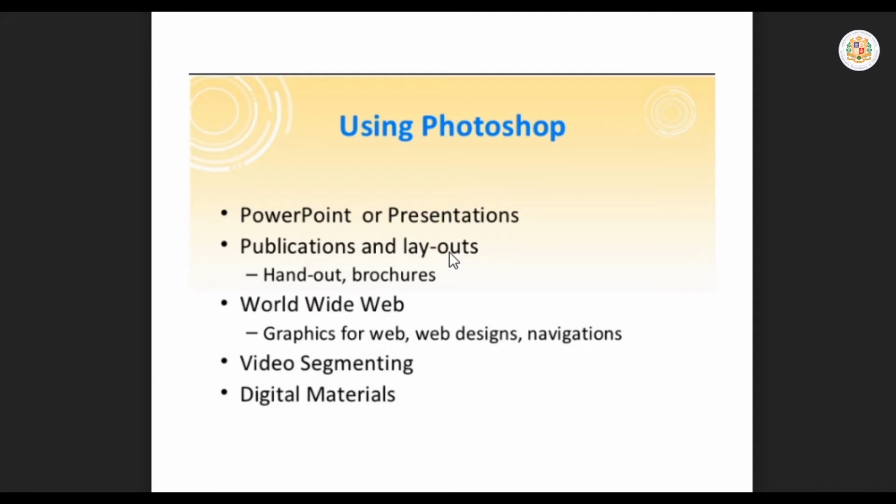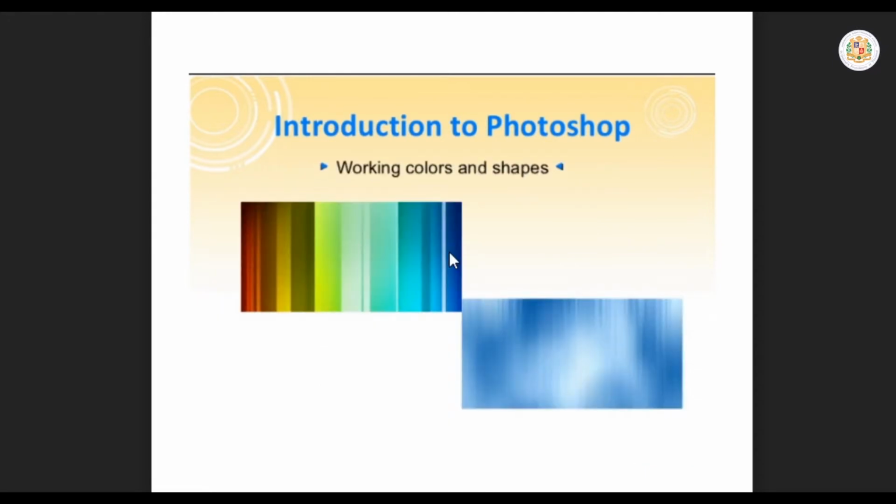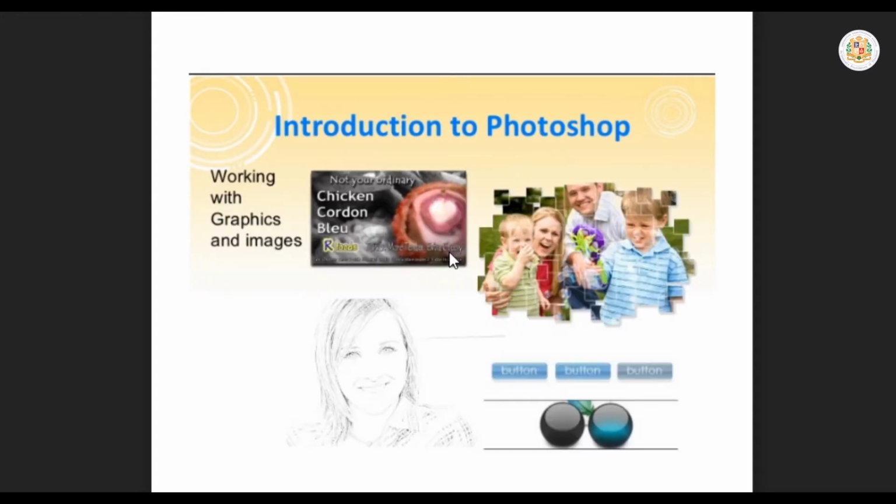Also in video segmenting and digital materials. Photoshop is good for restoration and manipulation of photos, as you can see in the example below. It works well with colors and shapes, text, and also with graphics and images.